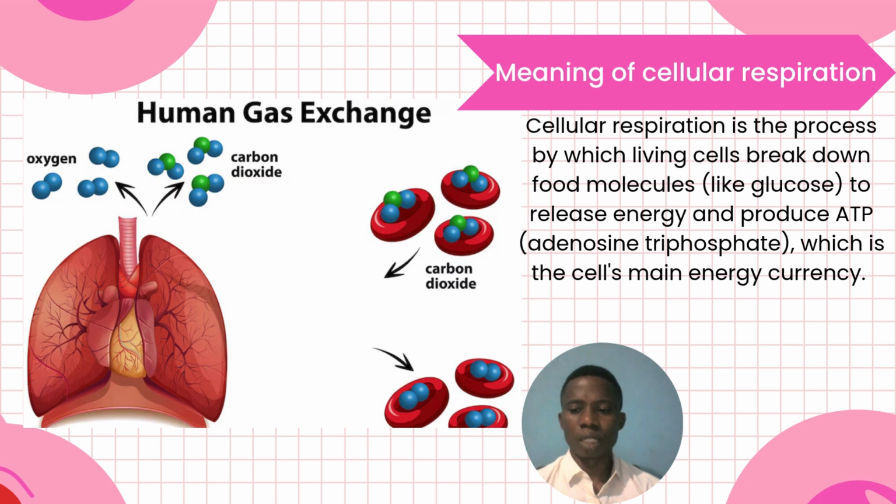Carbon dioxide, the waste gas, moves from the cell back into the blood to be carried to the lungs and exhaled. In simple terms, we breathe in oxygen for our cells and we breathe out the carbon dioxide our cells produce as waste. Our blood acts like a delivery and pick-up service between the lungs and the rest of the body.